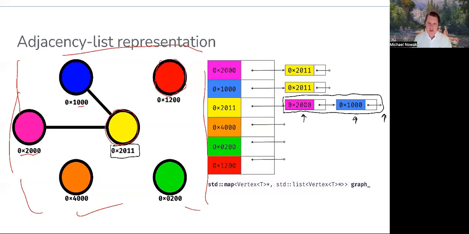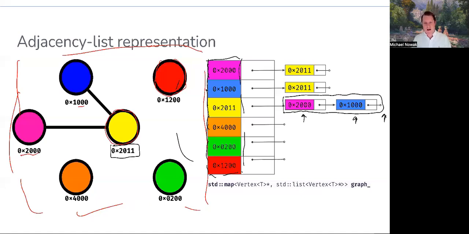So thinking about this, there are a number of different ways we could represent this. Maybe instead of having the key in our map be an address, maybe it was the actual object to begin with. And then maybe the adjacency list is going to store just addresses, as previously discussed.